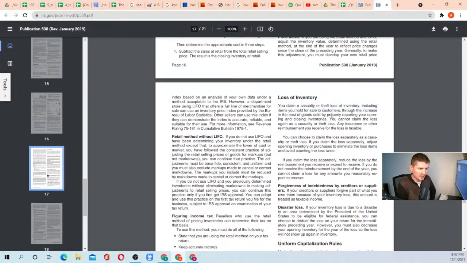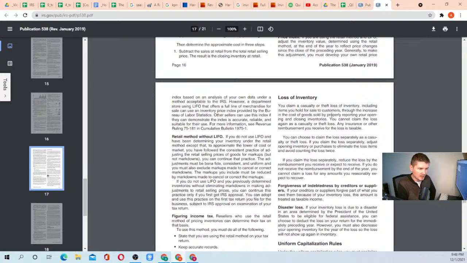So you might have a situation when you lost inventory, and obviously you can claim that as a business expense. The only situation which you need to look for is that you do not double count your inventory loss.